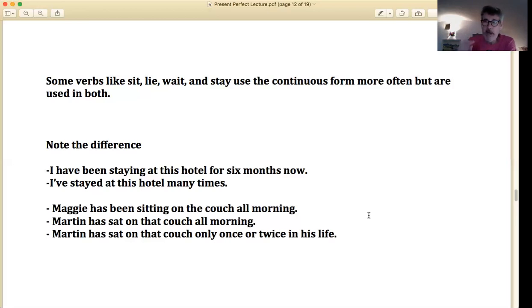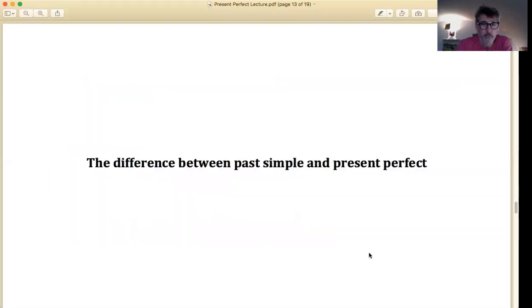It's not right now, but starting somewhere in the past, during that period up until now, he sat on that couch twice, and maybe he can sit on it a third time. So here the meaning is different from "has sat on that couch all morning" and "has been sitting on the couch all morning." The meaning's the same, but one is continuous and one is perfect. Okay, I hope this isn't getting too confusing.